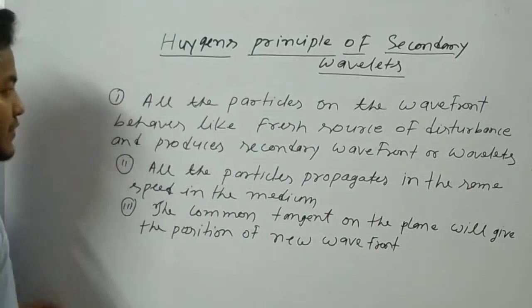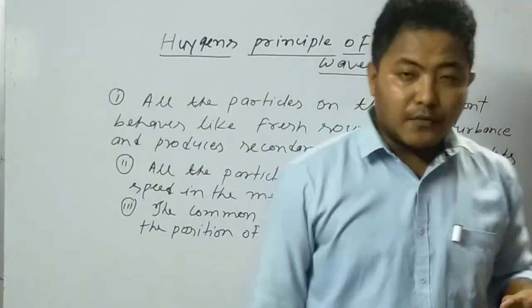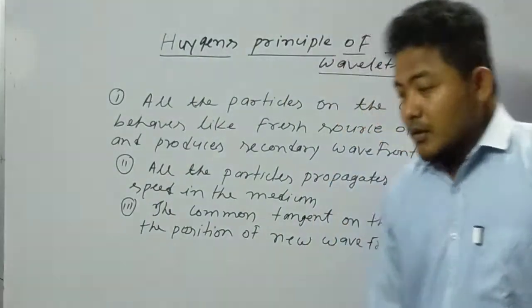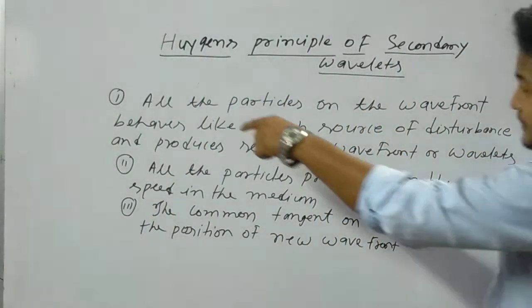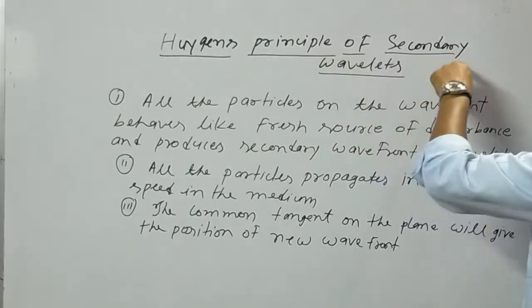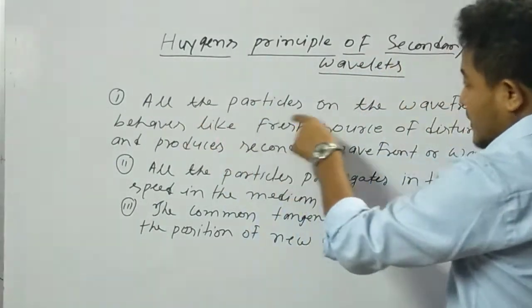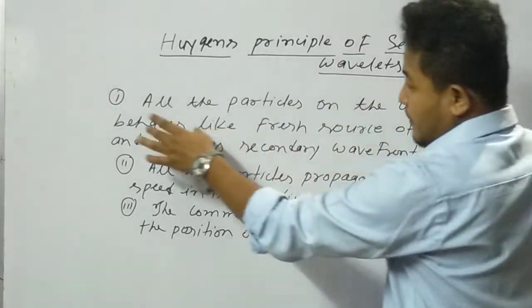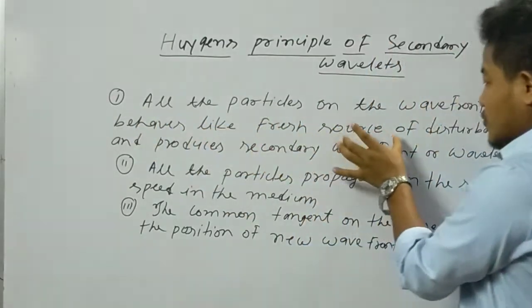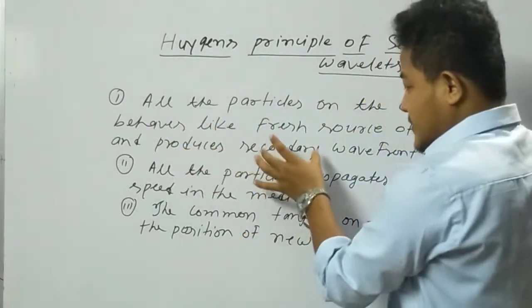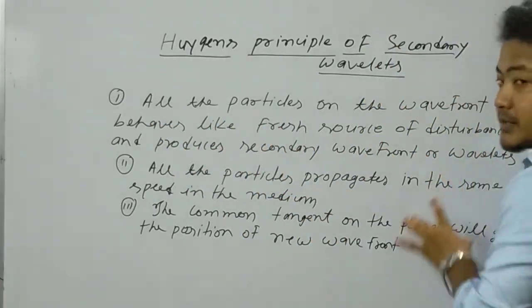These are three most important points you should remember for Huygens principle of secondary wavelets. What are the points? Number one, all the particles on the wavefront behave like a fresh source of disturbance and produce secondary wavefronts or wavelets.